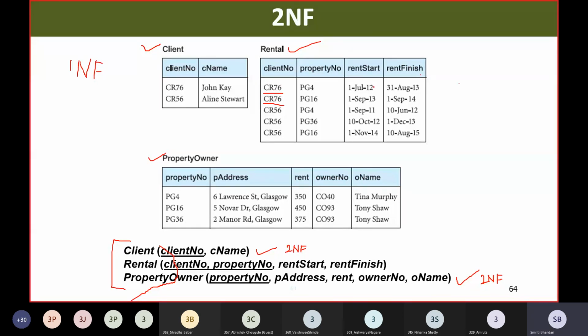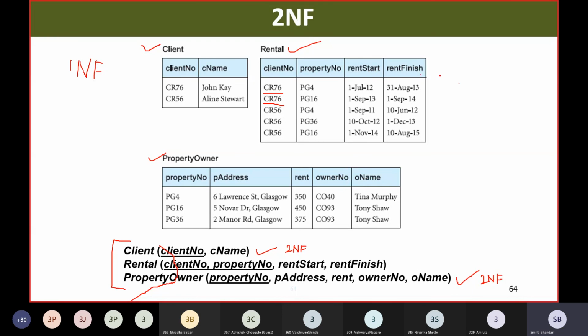So if we consider only client number as the primary key, is client number alone determining rent start? No. Why? Because for these two tuples having the same client number, we have different values for rent start. So rent start does not depend only on client number.